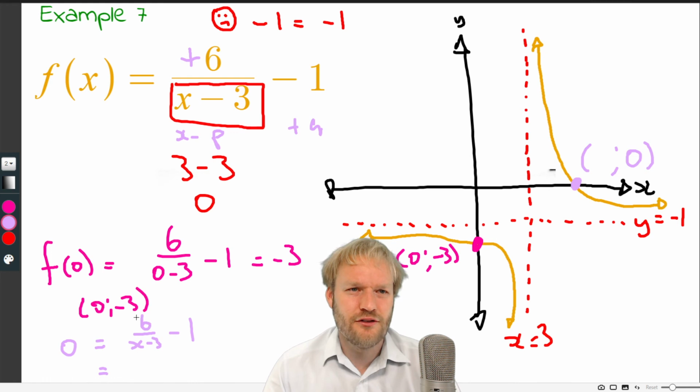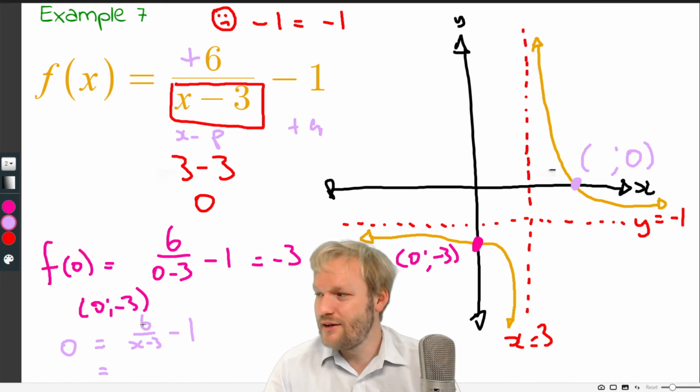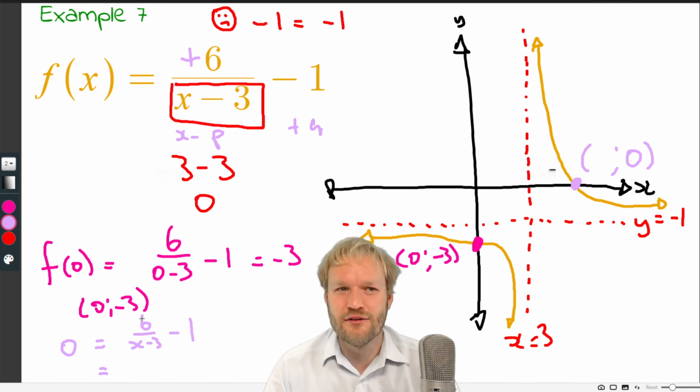So this whole fraction has to be 1, because 1 minus 1 is 0. So 6 divided by something needs to be 1. So what does x need to be? Well, this denominator needs to be 6, so x needs to be 9.